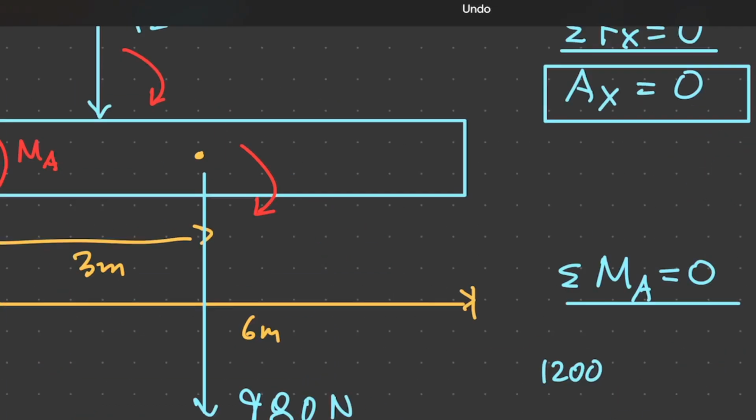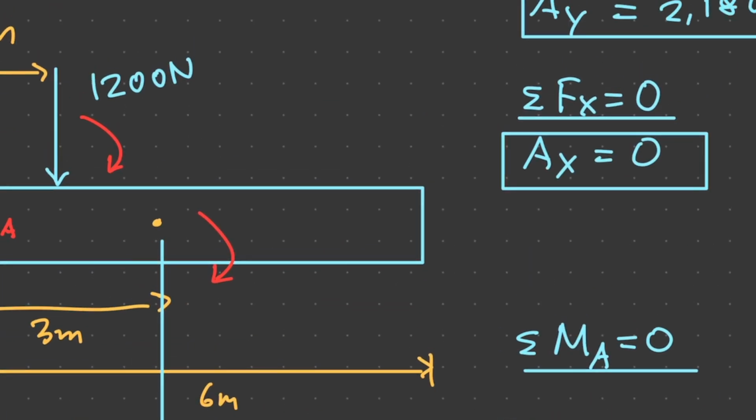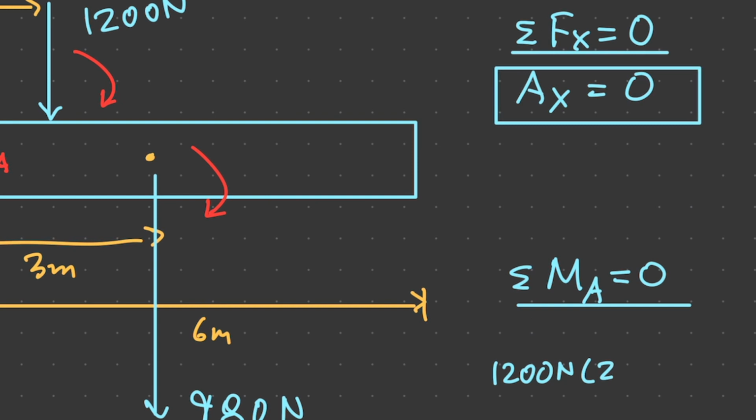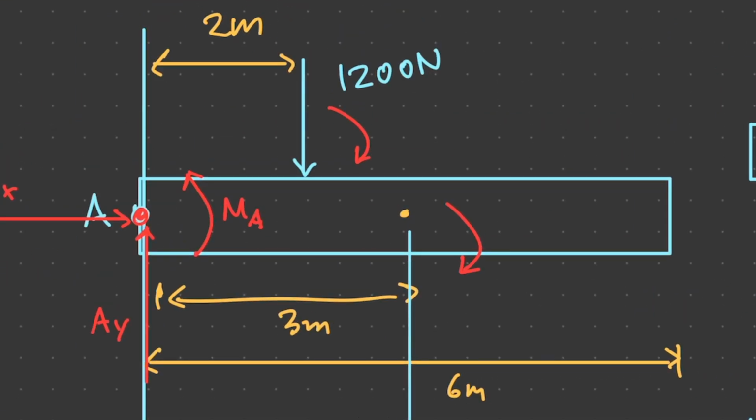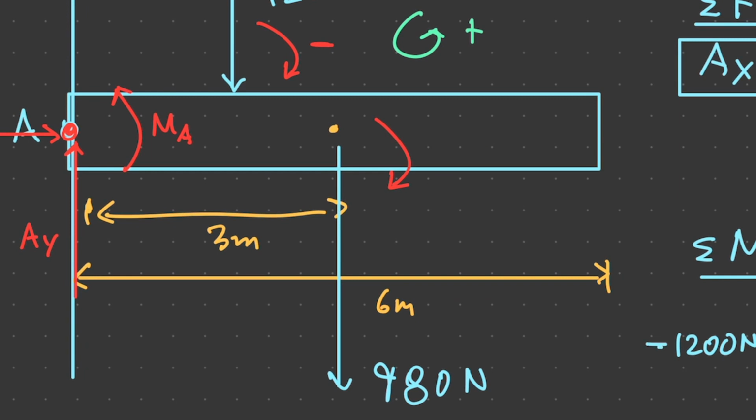And so we're going to multiply, right, 1200 newtons times 2 meters. Okay? And now we have to check the signs. So the convention for signs, typically, at least the ones that I was taught, is going to be, right, negative is clockwise and counterclockwise is positive. So when we look at this moment, right, it causes a clockwise moment, so now we're going to have to add a negative sign in front of here.